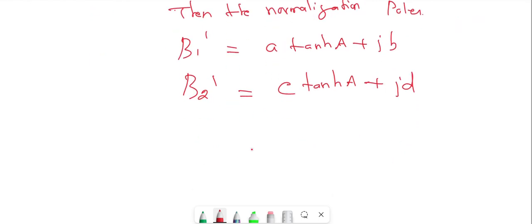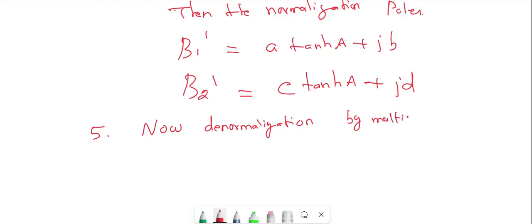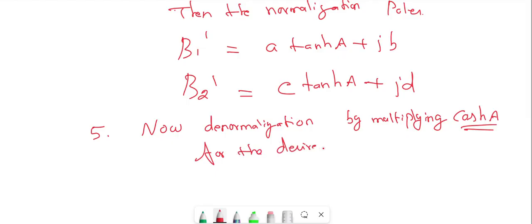Now the next step is denormalization. Denormalization is done by multiplying by cosh A for the desired Chebyshev poles.